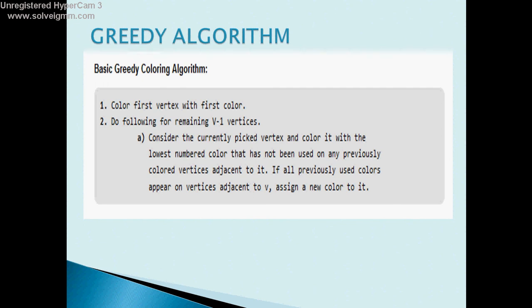Consider the currently picked vertex and color it with the lowest numbered color that has not been used on any previously colored vertices adjacent to it. If all previously used colors appear on vertices adjacent to it, assign a new color to it.